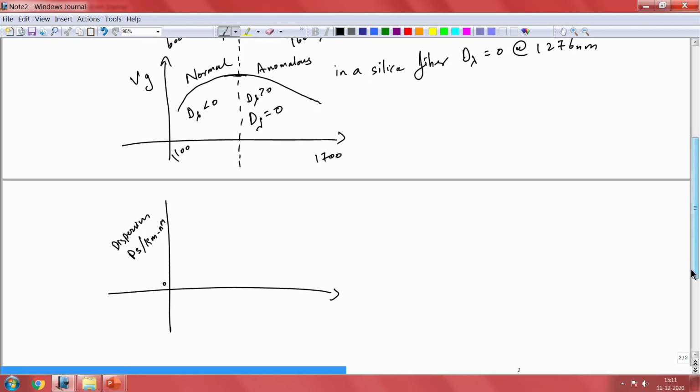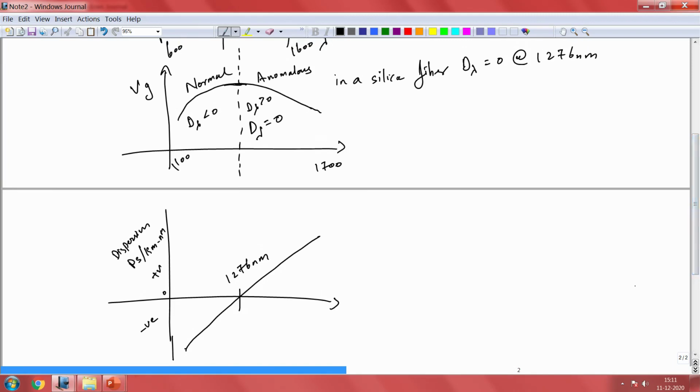So, when you go from normal to anomalous region, so normal is negative, right. So, this is negative side and this is positive side. So, you go from negative to positive. So, this cross point is 1276 nanometer for all practical purpose, right. So, it can be shifted here and there, all right, and this region is anomalous and this region is normal. Okay.